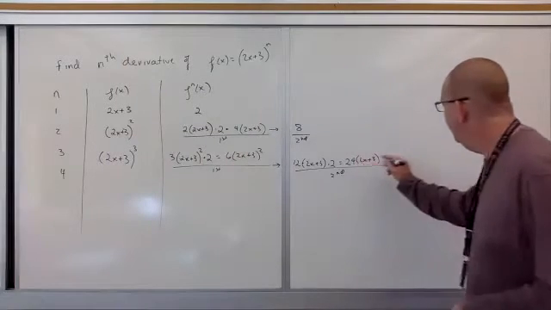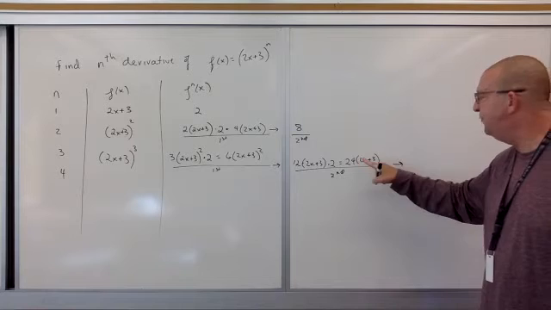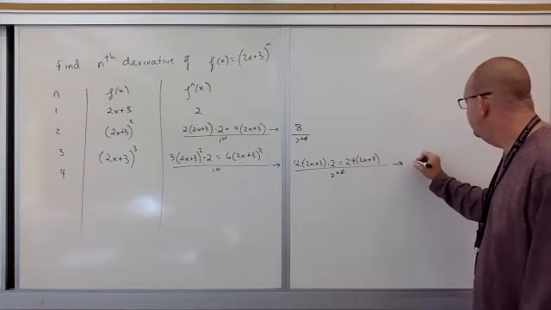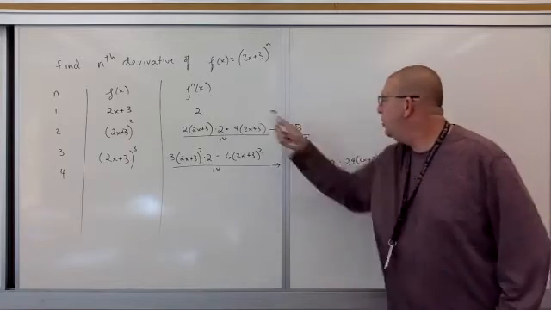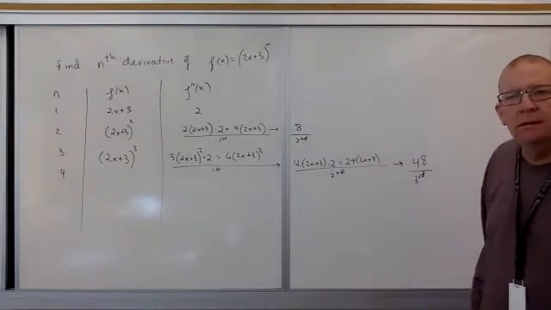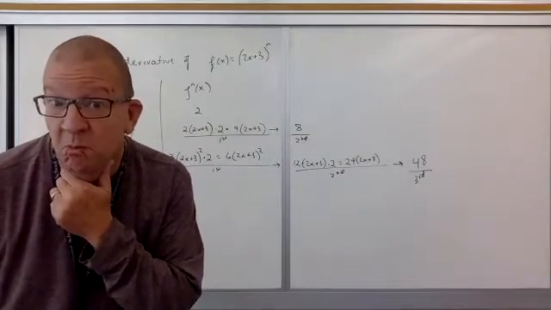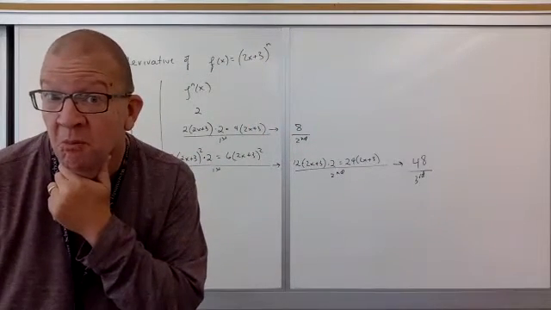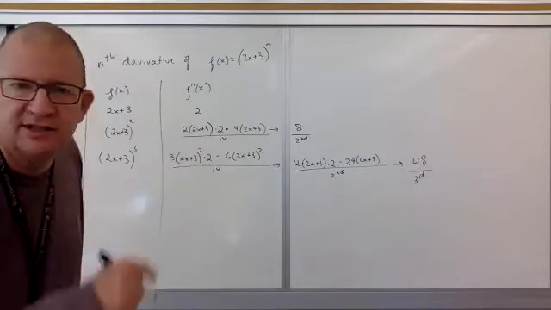So then, what's the derivative of 24 times (2x plus 3)? Well, that's 48x plus 72. So that derivative is 48. There's your third derivative. 2, 8, 48. Pattern? Maybe not yet. All right, let's do it again.